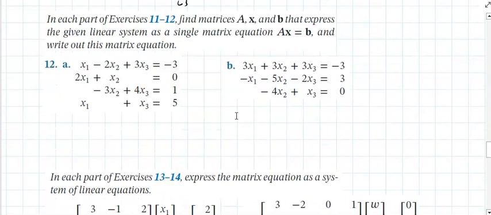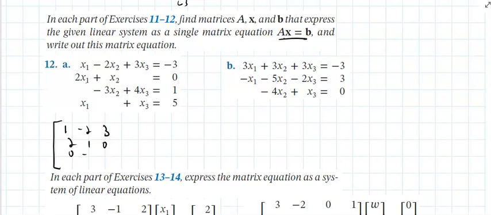Now, I didn't really put this in a definition because it doesn't really need a definition. Given this system, find matrices A, x, and B to write this expression as Ax equals B. It's simple. The matrix will be the coefficients 1, -2, 3, 2, 1, 0, 0, -3, 4, and 1, 0, 1.